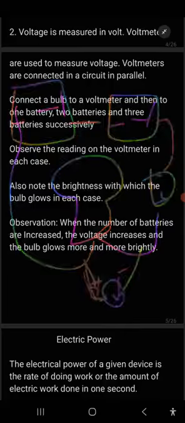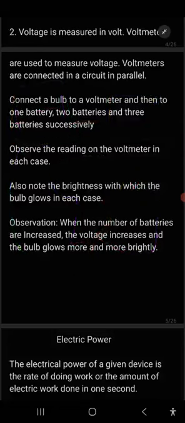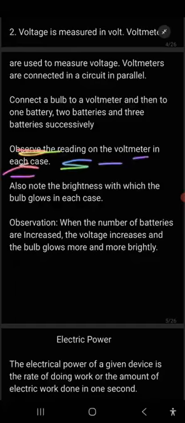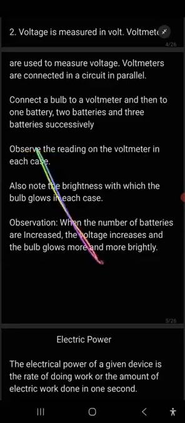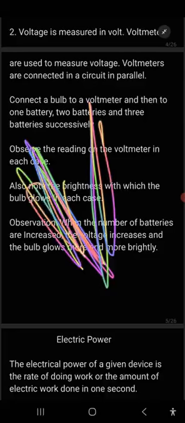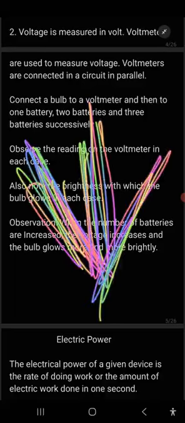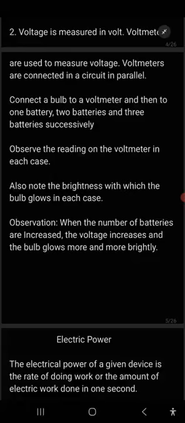It will increase like this to 2 and 3 successively. Observe the reading on the voltmeter in each case. It's just like the first one. It increases successively, from 1 to maybe 2 or 4, then 5, and then it will become 10 with three batteries. But they are both in parallel. It is the same thing.